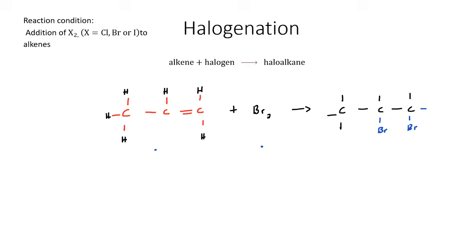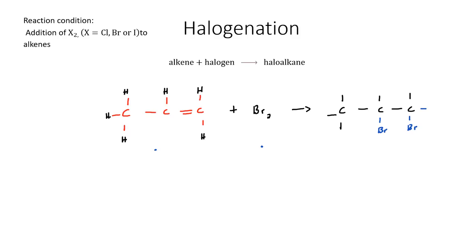This reaction is very important because this reaction is able to differentiate between alkenes and alkanes. Or rather, to be specific, this reaction, halogenation, is very important in differentiating between unsaturated organic compounds and saturated organic compounds. Unsaturated organic compounds, you can add into them.